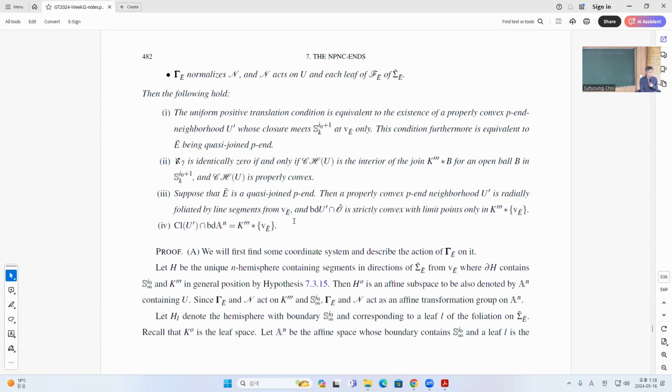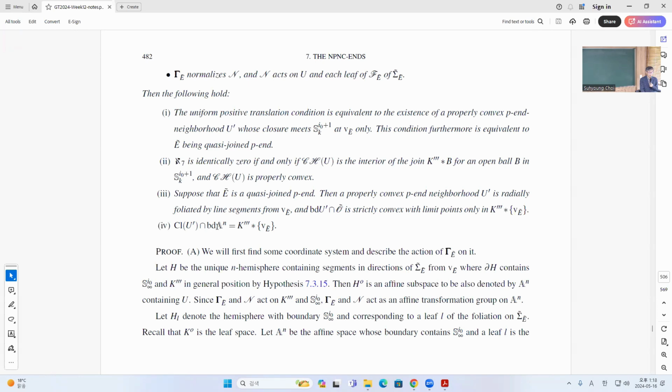This U is a join, and then it's a quasi join, and then U is radially foliated by segments, and this boundary intersect tilde is strictly convex with limit points here, and this closure U prime intersect with the boundary of A is only this part.